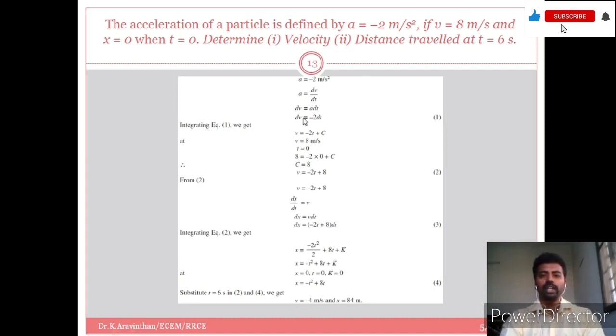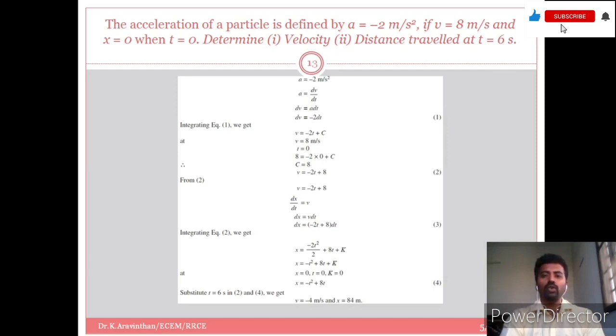If you integrate this, the differentiation will vanish. So v equals the integral of minus 2 dt. If you integrate with respect to t, you will get minus 2t plus a constant. Always a constant will be there while integrating. So after that we arrived at an equation.